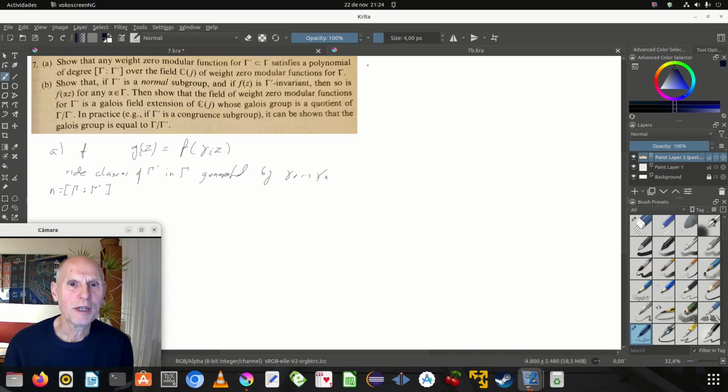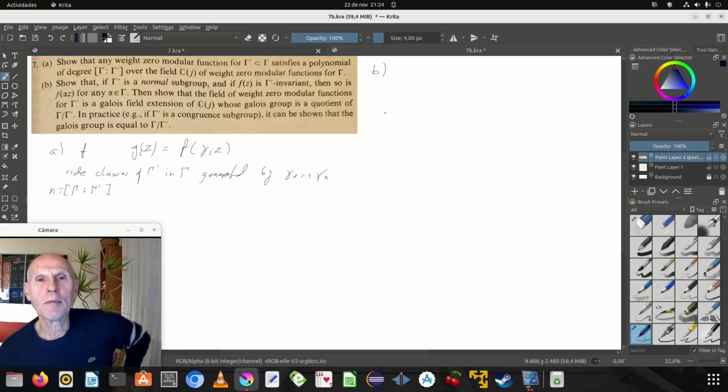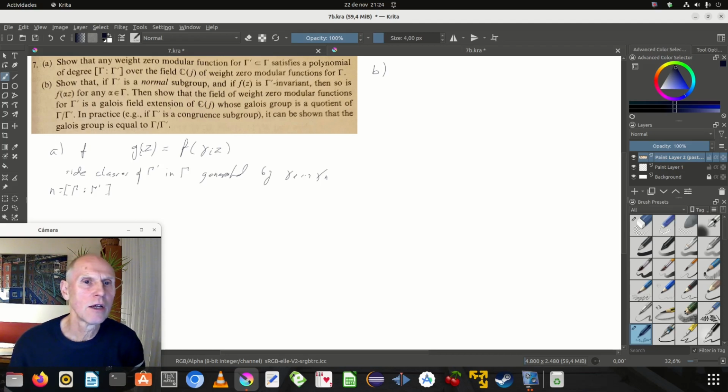Now to part B. Still November 22nd. So we have gamma naught is a normal subgroup of gamma, meaning gamma gamma n equals gamma gamma mark equals gamma mark gamma.